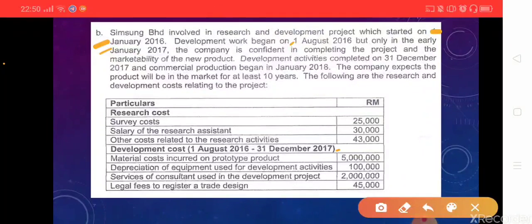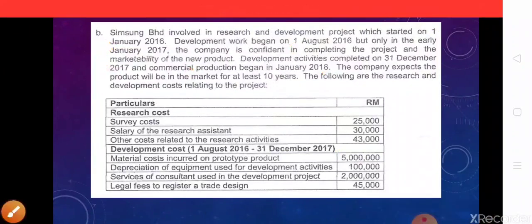So you have to note here also that development activities completed on 31st December 2017 and commercial production began in January 2018. Commercial production, okay? So what happened if the commercial production began in January 2018? Remember that I told you in class, if there is commercial production, it means that in that particular year you have to provide for amortization of the development cost that you have capitalized just now.